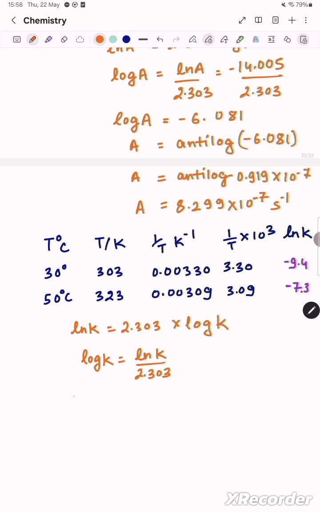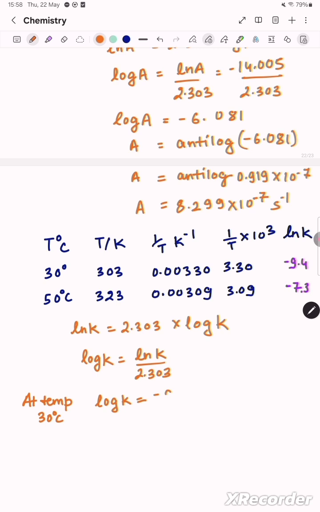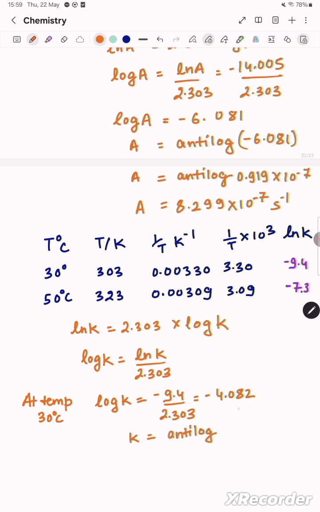So at 30 degrees Celsius, log k is equal to minus 9.4 divided by 2.303, which is equal to minus 4.082. Now k is equal to, we take the antilog because a minus value is given, minus 4.082.